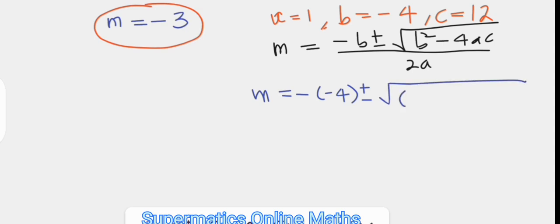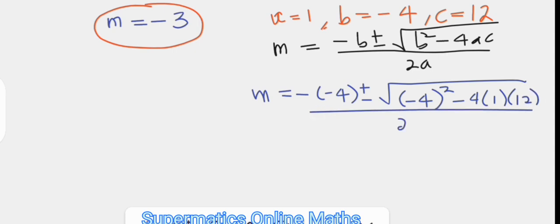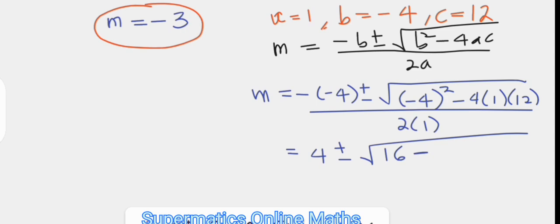root of negative 4 squared minus 4 times 1 times 12 over 2 times 1. And that is positive 4 plus or minus the square root of 16 minus 48 over 2.